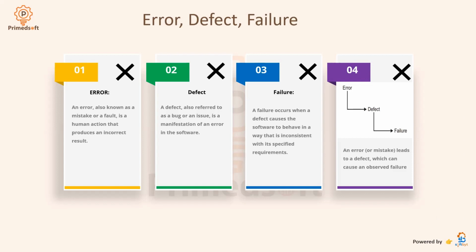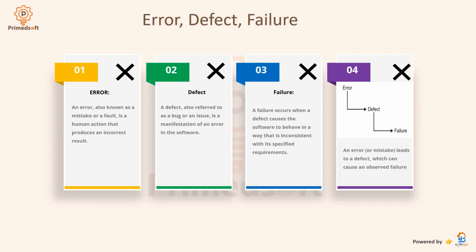So I was talking about a failure, right? So a failure occurs when a defect causes the software to behave in a way that is inconsistent with its specified requirements. In other words, a failure is the observable incorrect behavior of a software during its execution, right? So when you are actually trying to execute your software and you observe an incorrect behavior, it's a failure.